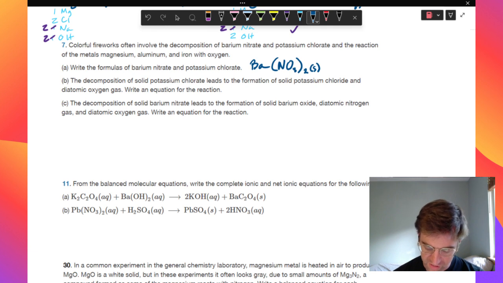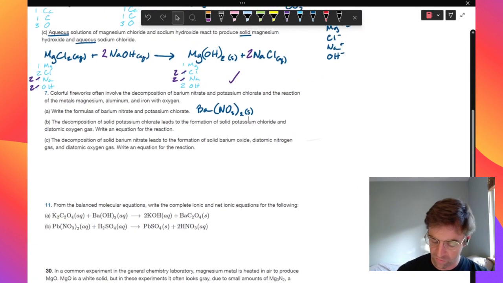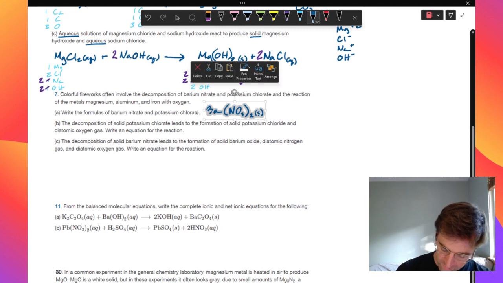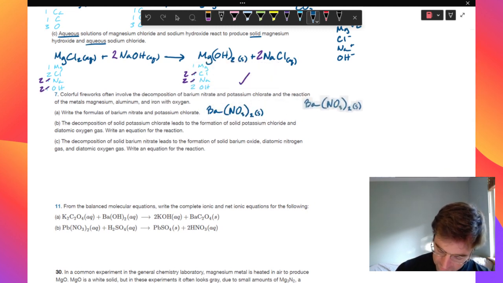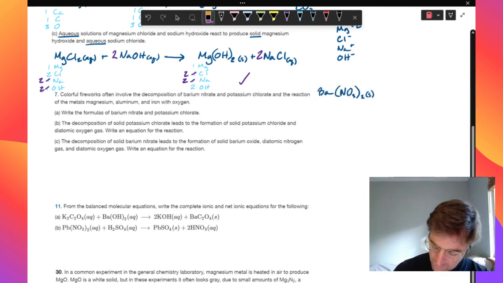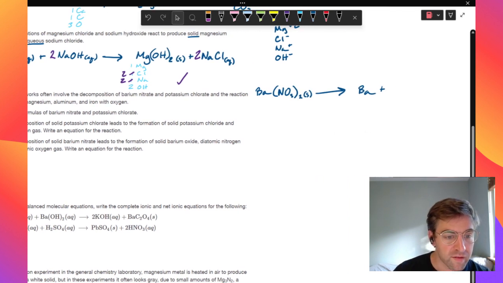It involves the decomposition of barium nitrate and potassium chlorate and the reaction of metals. Okay, so it wants us to write the decomposition reaction first. I'm going to give us a little bit more room here on the right. We're going to decompose this, and it's going to become barium and nitrogen and oxygen.